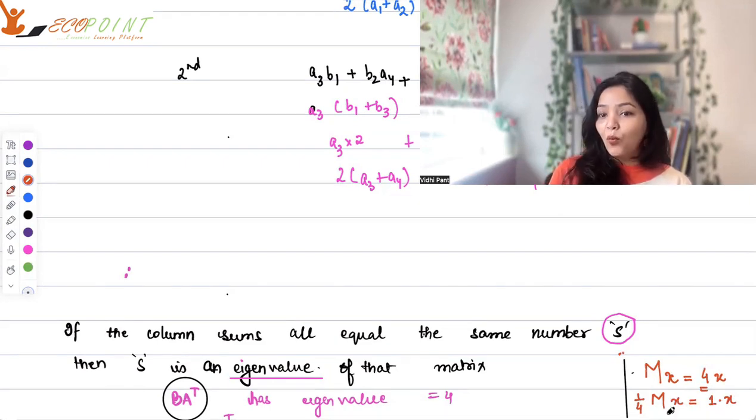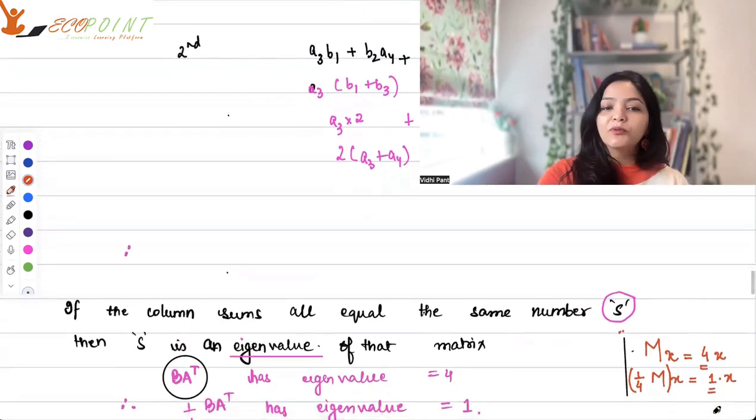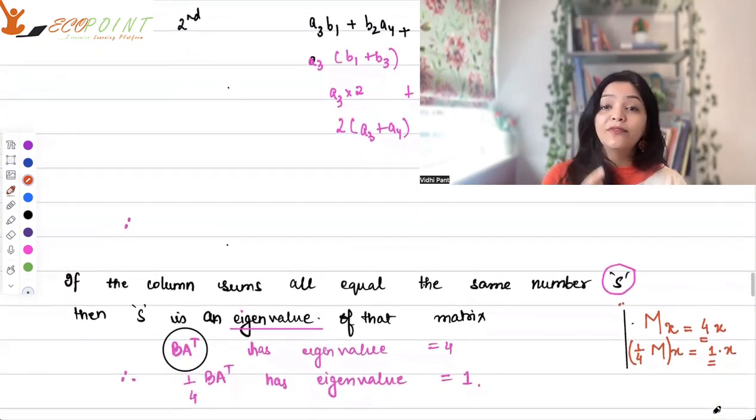That means 1 by 4M जो मैट्रिक्स है, 1 by 4M हो सकता है मैट्रिक्स, राइट? So 1 by 4M जो मैट्रिक्स है, that has an eigenvalue 1. So BA transpose has an eigenvalue of 4, which means 1 by 4 of BA transpose has an eigenvalue 1.